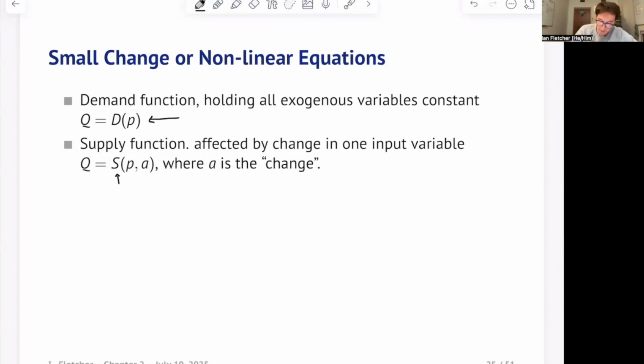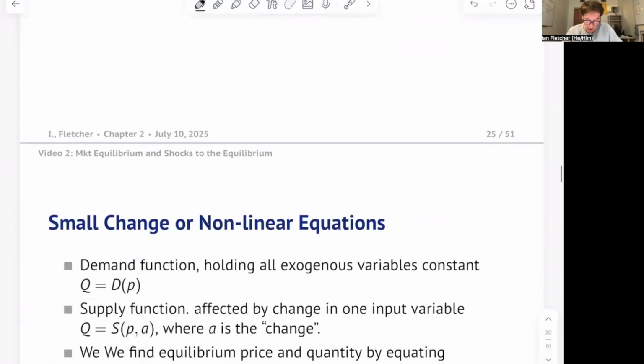We're still going to do the same thing where we find the equilibria by setting quantity demanded equal to quantity supplied. And so our equilibrium is still going to be found by setting these two equal to each other, okay?